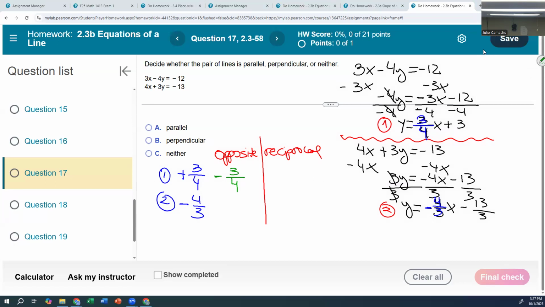And for the reciprocal, I need to flip this fraction upside down, keeping my negative sign. So if I flip 3 over 4 upside down, it is negative 4 over 3. And this matches exactly the other slope. So we can say that these two lines are perpendicular, because the slopes are opposite reciprocals of one another. And that is question 17.